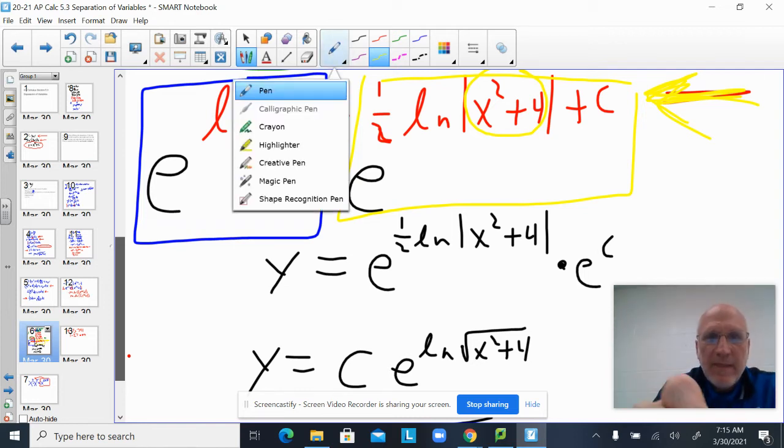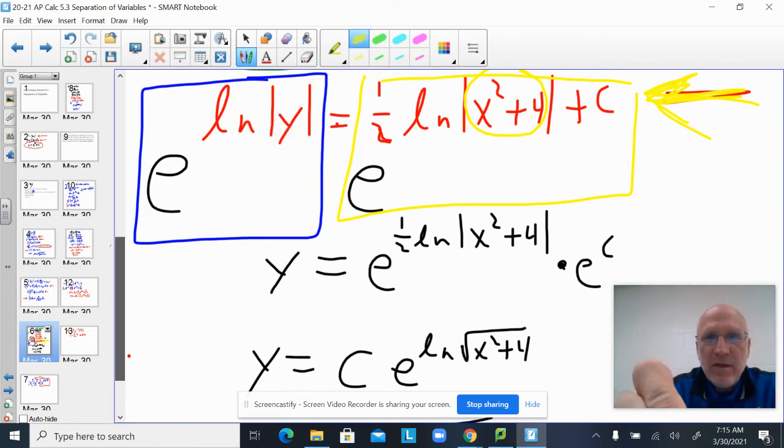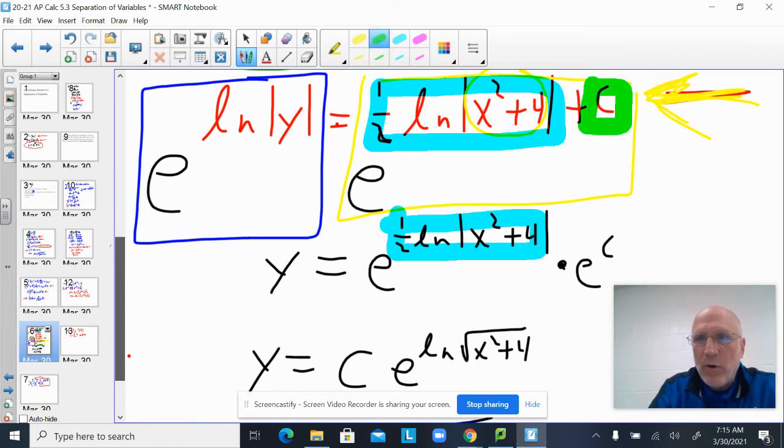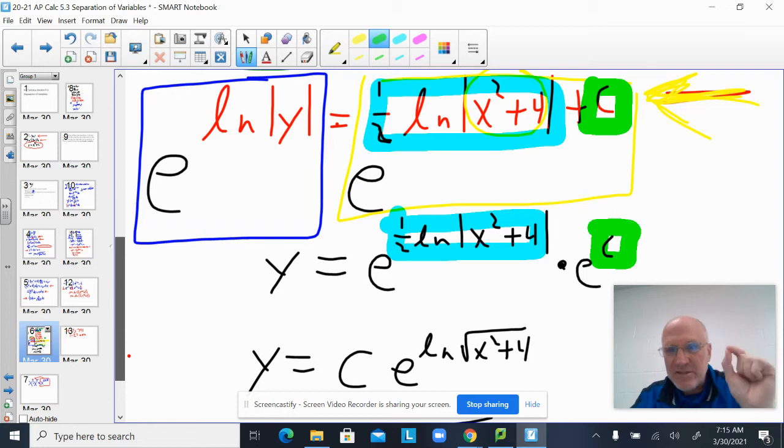So let me highlight. I have e to the this whole thing. There's e to the that. And then what was plus that, I wrote as times e to the that. That's using that rule of exponents, that x to the 5 plus 2 is x to the fifth times x to the second.